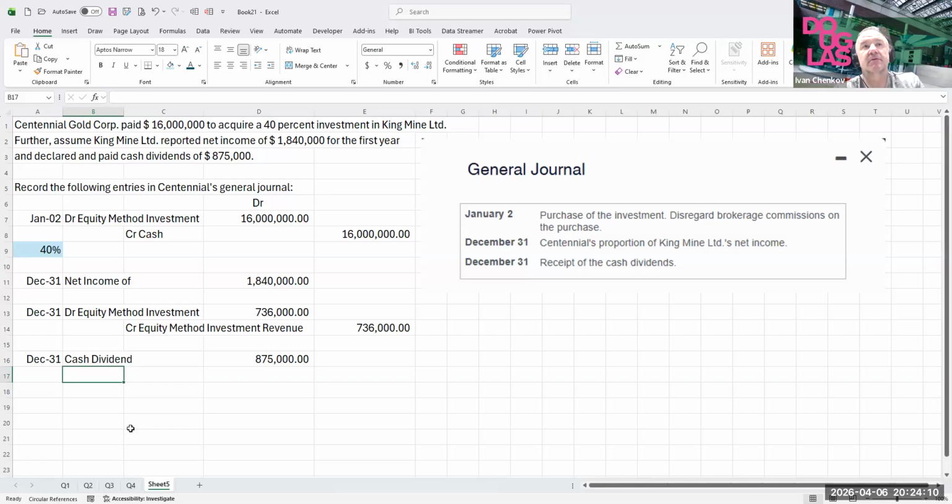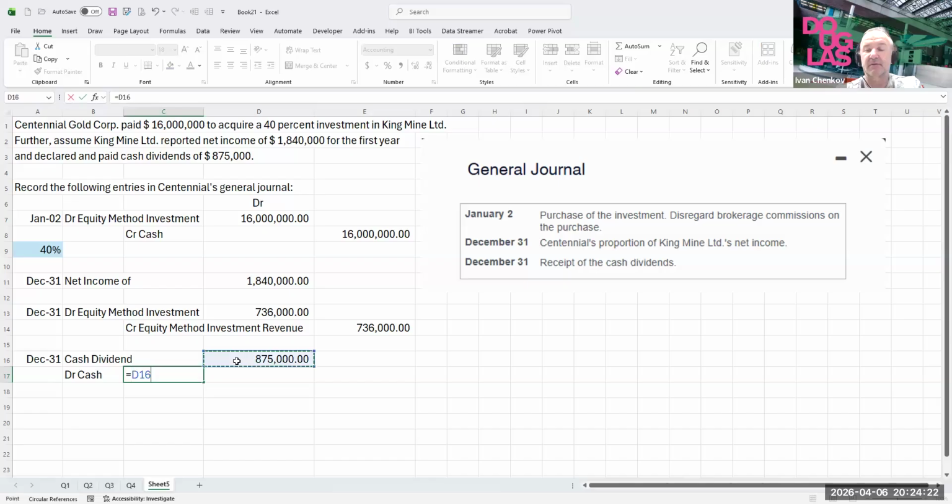We cannot get more because we own only 40%. Whatever they give us, 40% is ours. Let's debit cash. That's why we invested, to get the cash. How much are we going to get? 875 times 40%. So we're going to get 350.